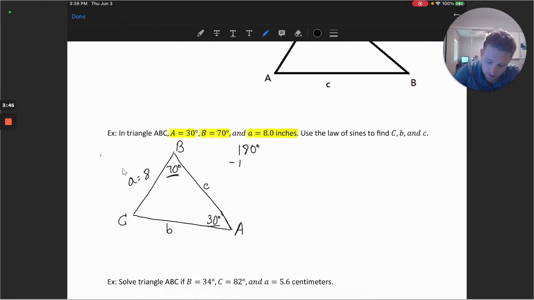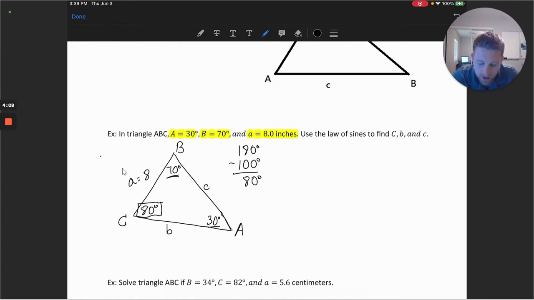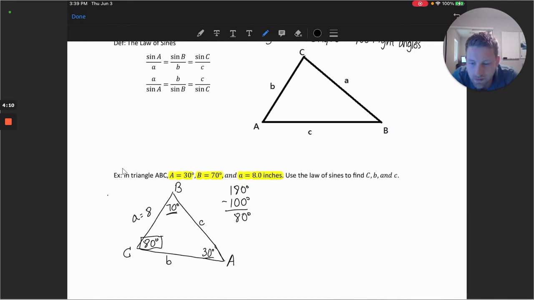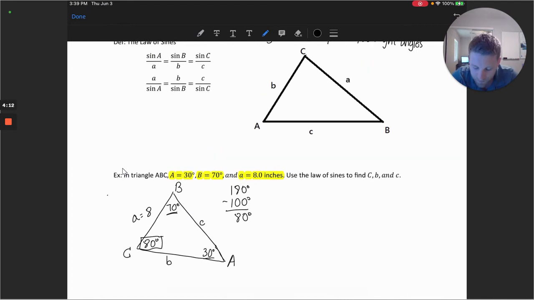So subtracting 100, we get the final angle to be 80 degrees. So that was one portion of our problem. And now let's go for those side lengths. We can use the law of sines to figure out these side lengths.